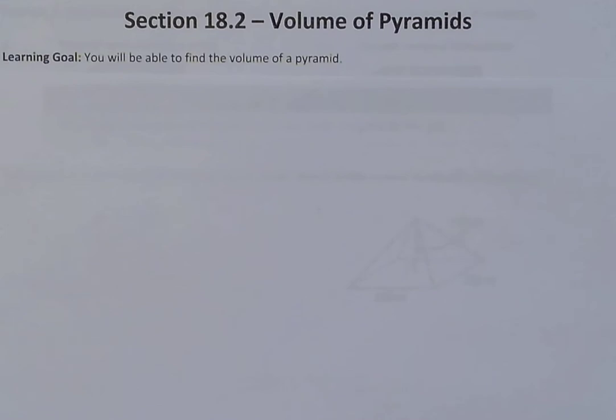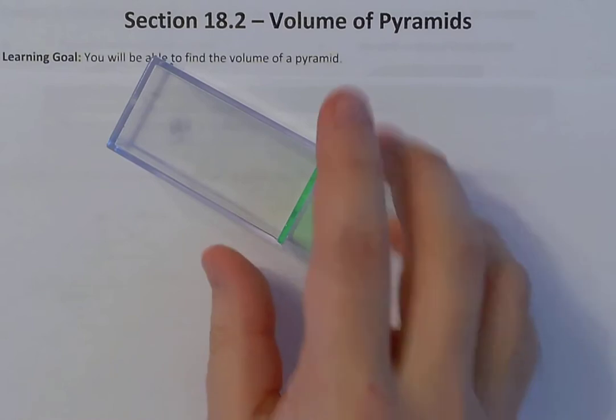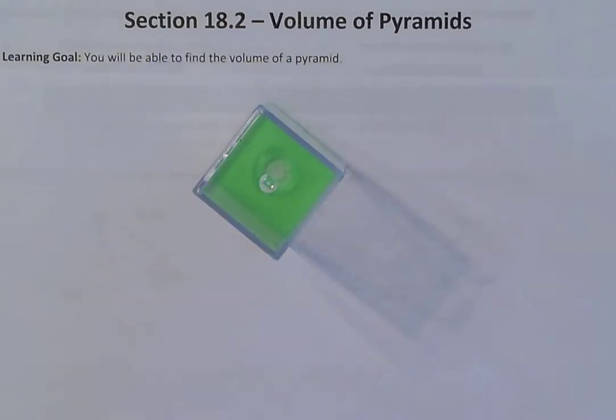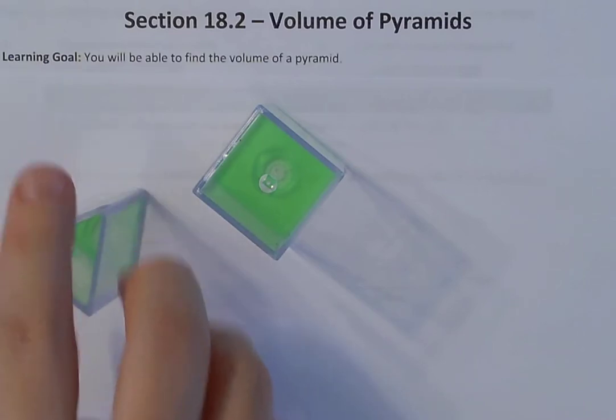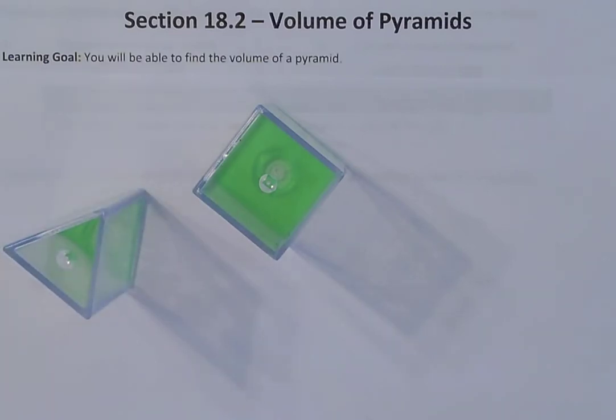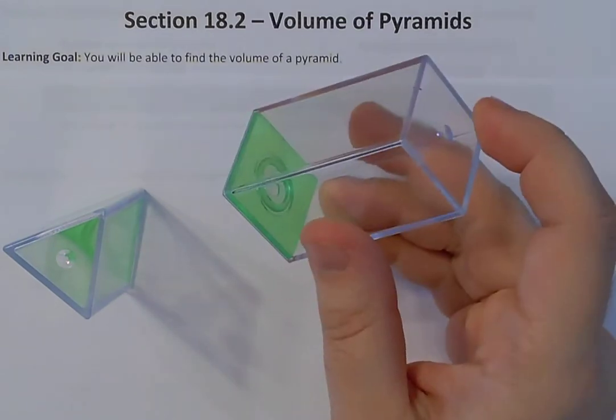Now, in section 18.1, we talked about prisms, whether it was a rectangular prism or a triangular prism, and how to find the volume of these shapes.